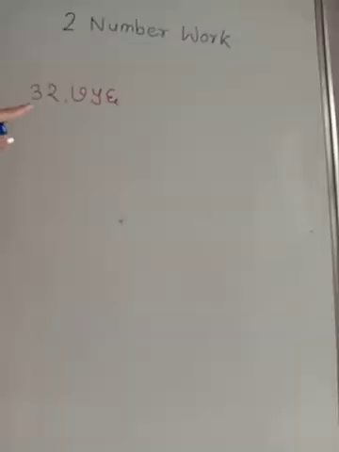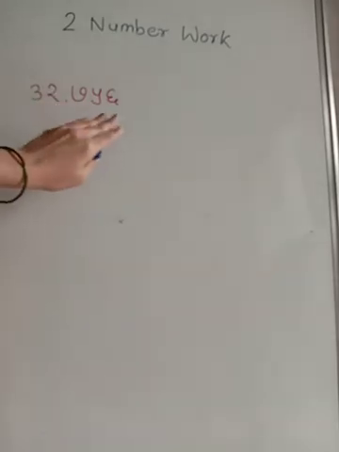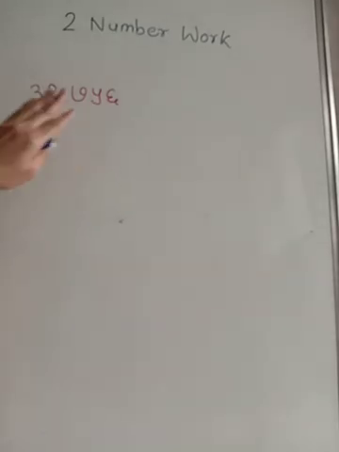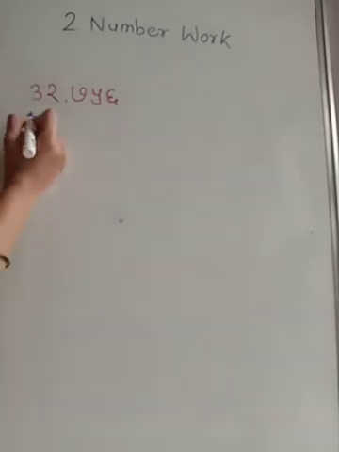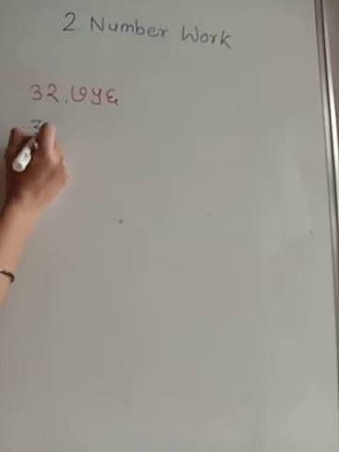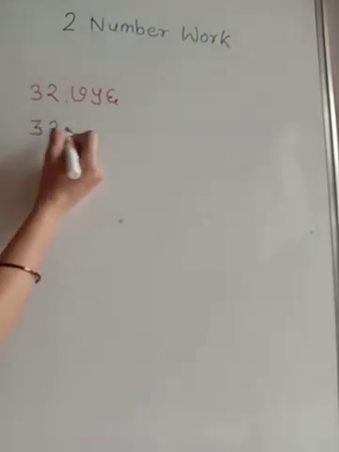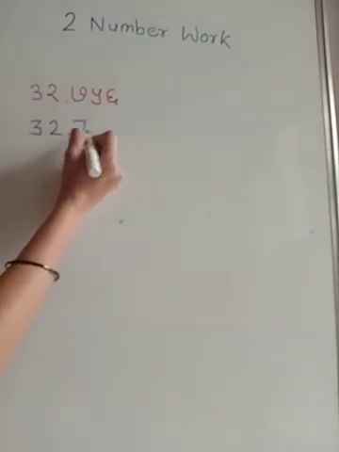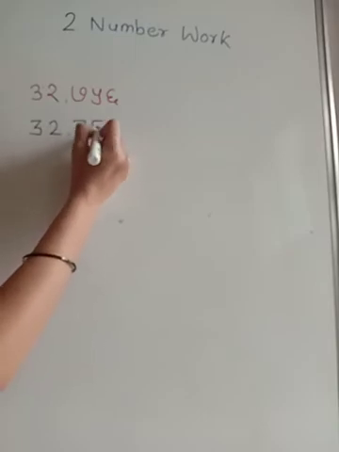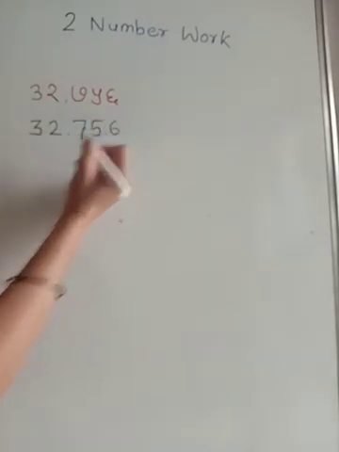The second number is this, 3, 2, 7, 5, 6 in Devanagari numerals. And in international numerals you can write 3, 2, 7, 5 and 6.